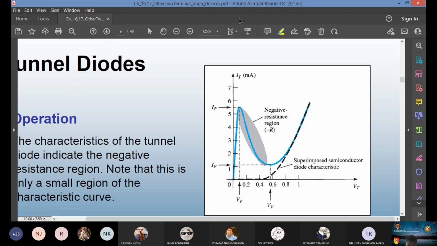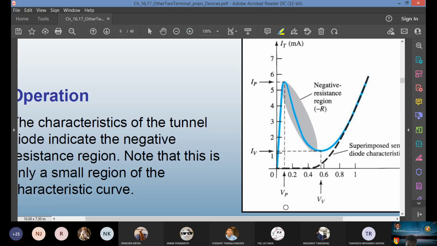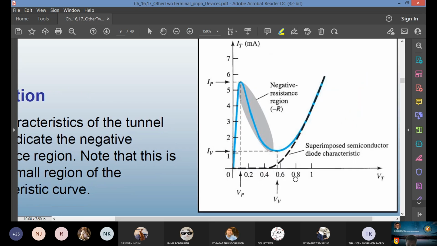Consider the two voltages, here called VP and VV. When do you have the full conduction? After about 0.6 volts, you have a regular conduction, and this one around 0.1. I'm just approximating from the curve. It is not a fixed one. The negative resistance region will happen at a voltage level less than the forward biasing voltage.